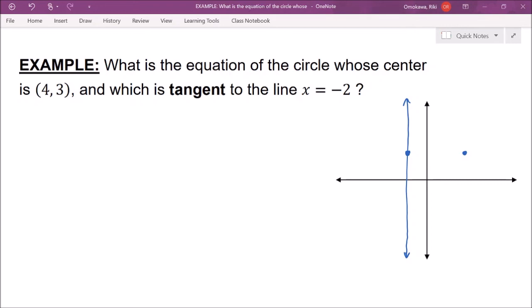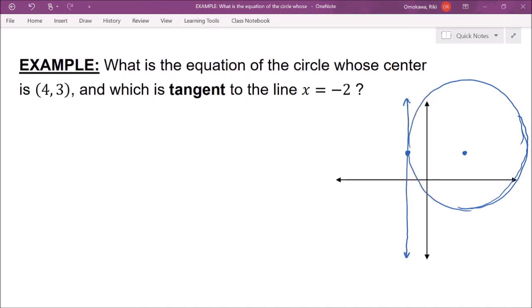The circle would look something like this. Again, very rough sketch, but it'll still help us figure the problem out. Do you see how the circle is indeed tangent to that line? The circle is just hugging or touching that line at this one point here.